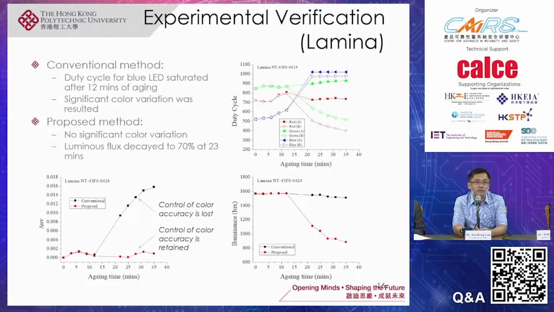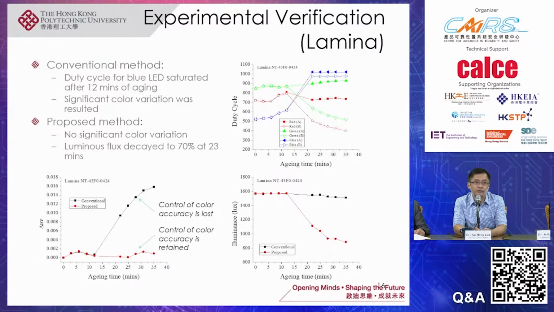But if we use the method that we've proposed, we keep the duty cycle of the blue LED unchanged, but we adjust the reference values for the green LED and the red LED so that they decrease with further aging, so that the ratio between the three colors remains the same. Therefore, we can also maintain the color accuracy after 12 minutes.